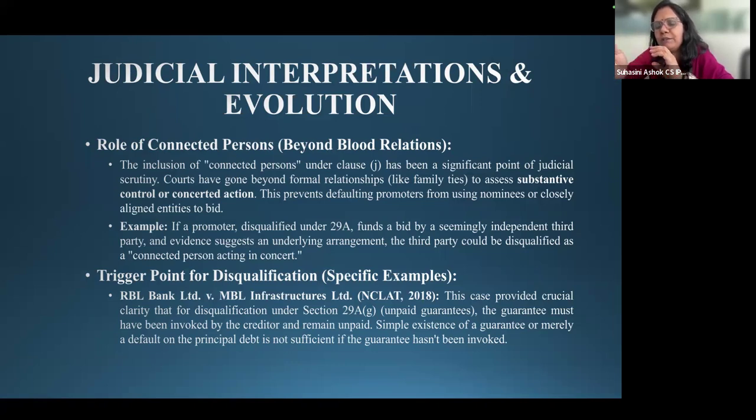So through related or shell companies, they will come and submit the plan. This connected persons concept, if we see, is beyond blood relations. Not only blood relatives like family ties or formal relations, they will also consider this. We have to consider it while disqualifying.